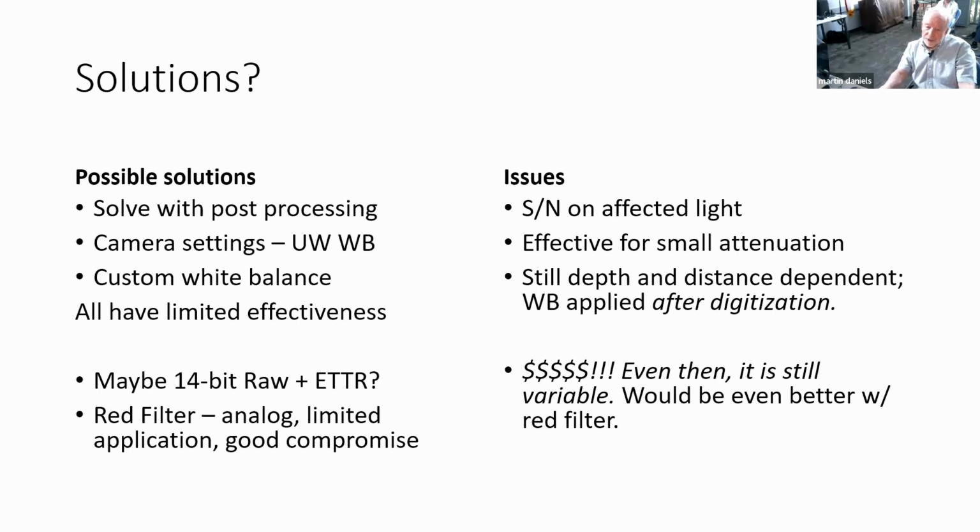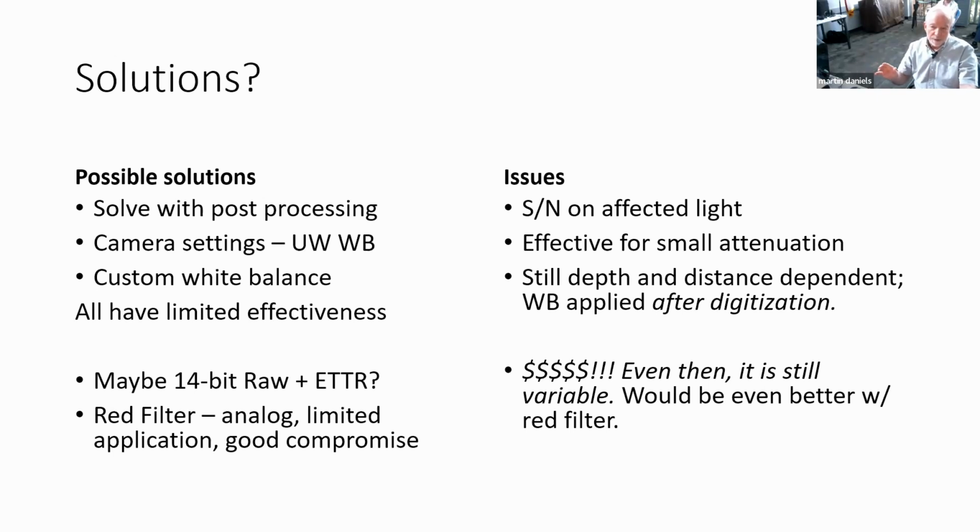The red filter does something that none of these other things do. White balance happens after you have digitized the data. And now for stills, shooting raw, Dave was absolutely right. You can change the white balance in processing.